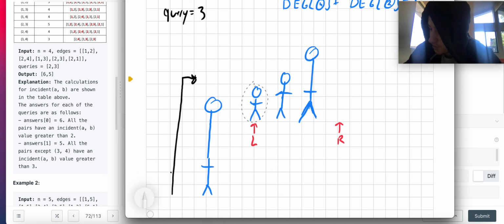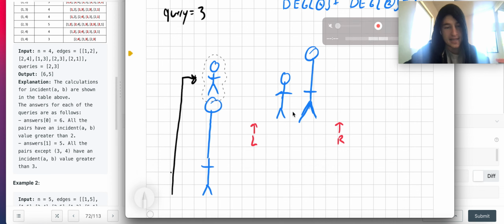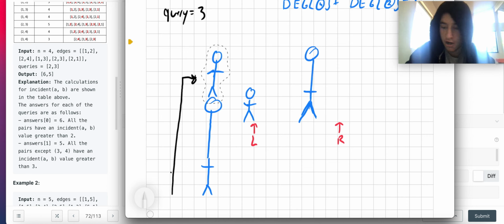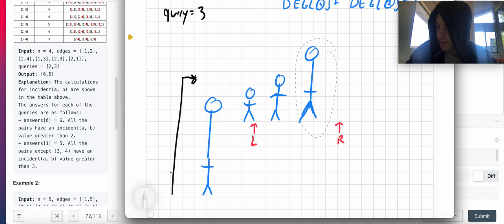If the shortest person and the tallest person can exceed the height of this basketball hoop, well, then that means that everybody else in between can also, right? Because they're only taller. So I guess that's the idea of this problem to efficiently find pairs, right?